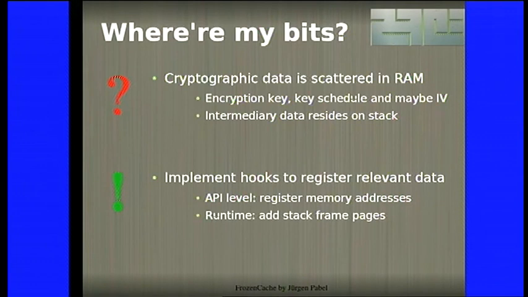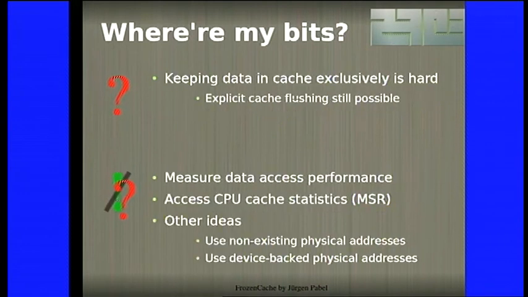Whereas the intermediary data in the calculation routines, if it's on the stack, you need to figure out which memory page this stack frame is on at that time, and then load that into memory also. That's work that still needs to be done, and that will require additional calls to the implementation of the encryption routines. So same question, where are my bits?